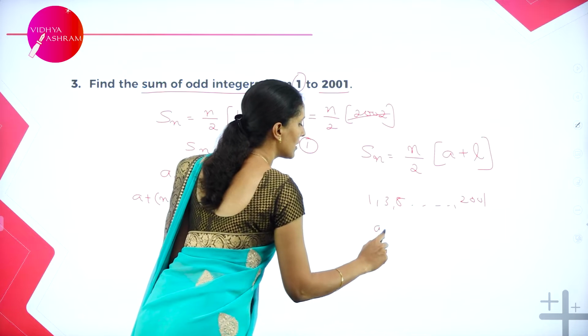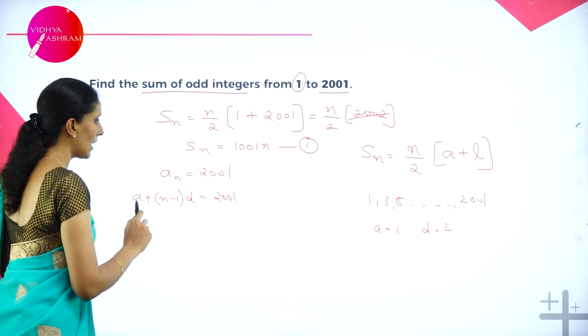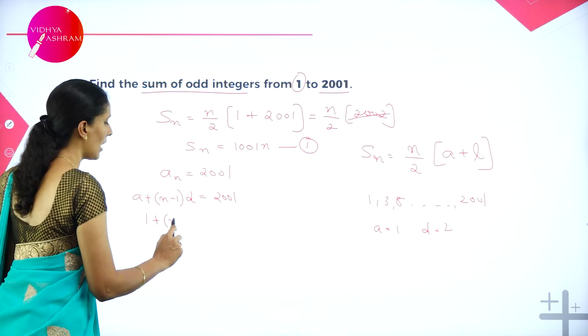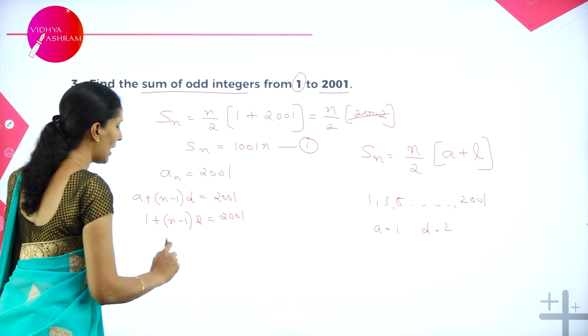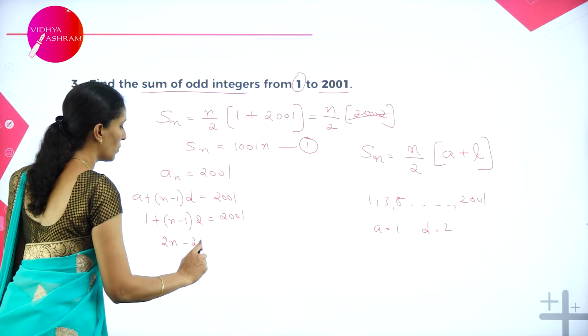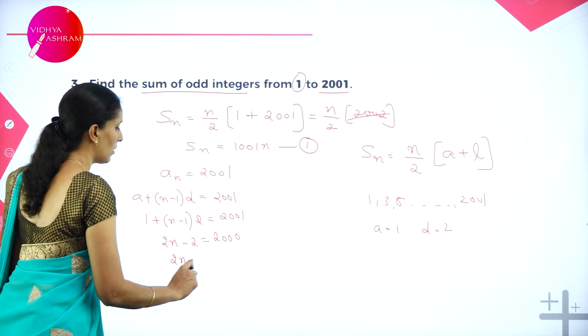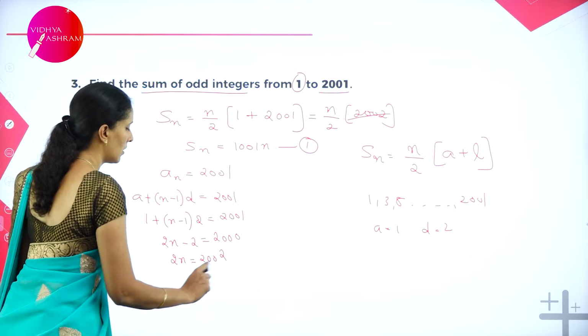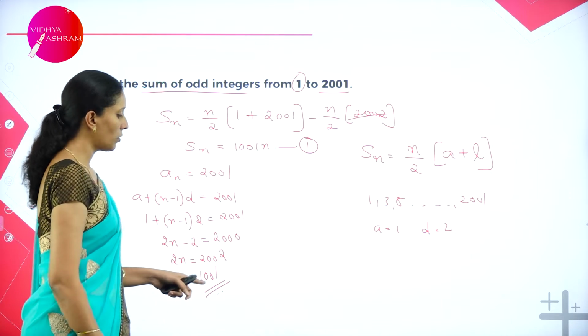So the first term is 1 and the common difference is 2. So 1 plus (n minus 1) into 2 is equal to 2001. I get 2n minus 2 is equal to 2000, 2n is equal to 2002, n is equal to 1001.